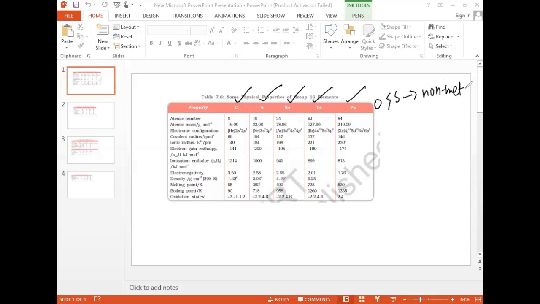Selenium and tellurium are metalloids, whereas polonium is a radioactive metal.